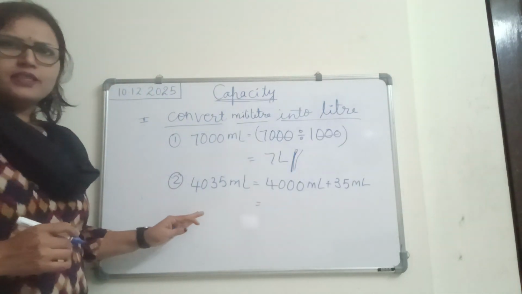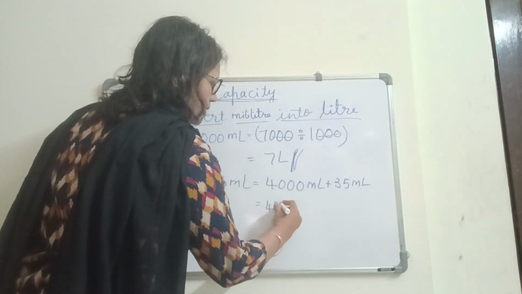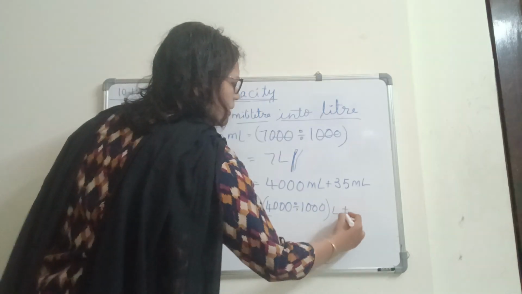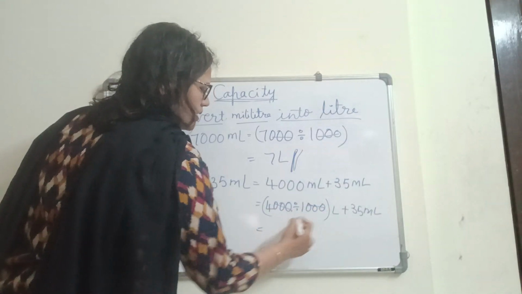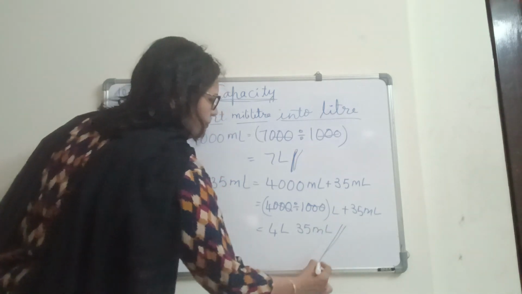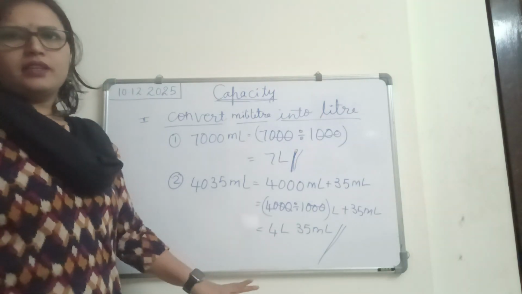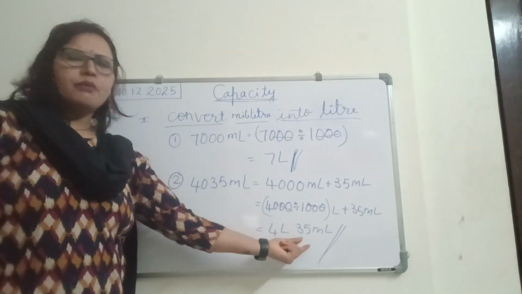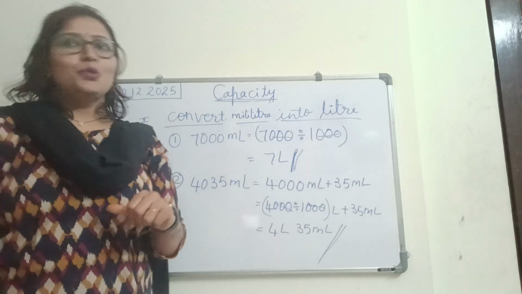Now you expanded this number, so easily you can divide by 1000. So 4000 divided by 1000 gives 4 liter, plus 35 milliliter. So the answer is 4 liter 35 milliliter, because 4000 divided by 1000 is 4 liter and 35 milliliter stays as it is. So hope you understand how to convert milliliter into liter.